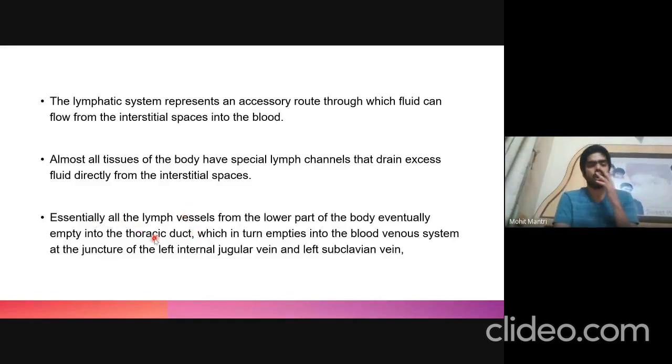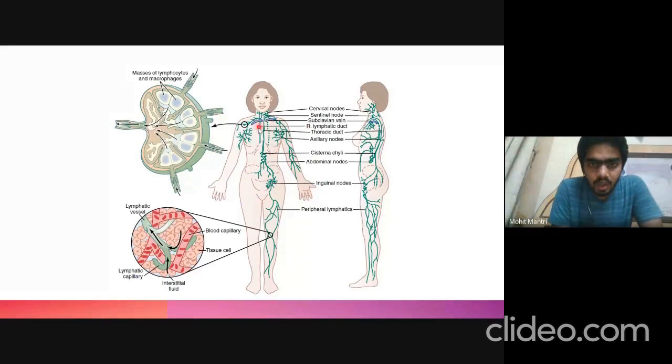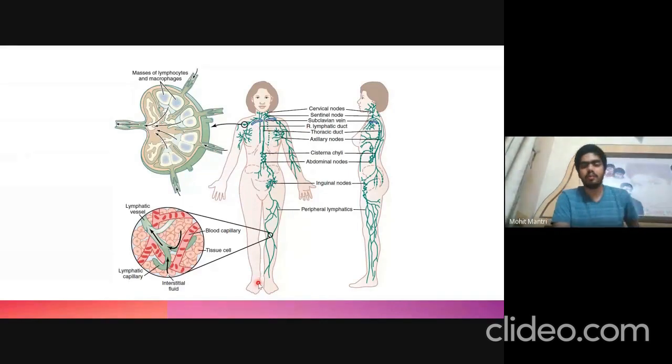Essentially, all lymph vessels from the lower part of the body will eventually empty into the thoracic duct. So this is the thoracic duct. All the lymphatic vessels from all the tissue below this will join together and collect all the lymph into the thoracic duct.